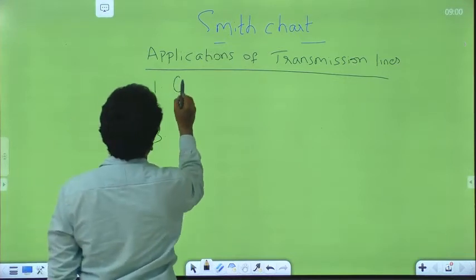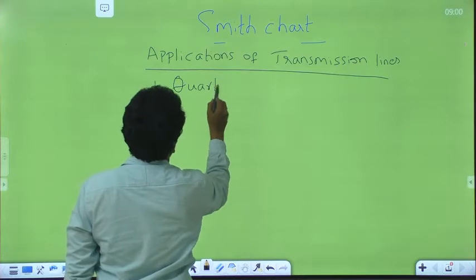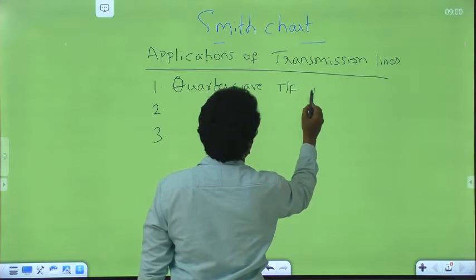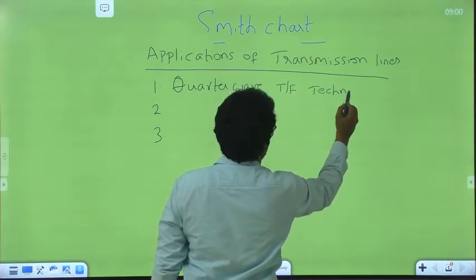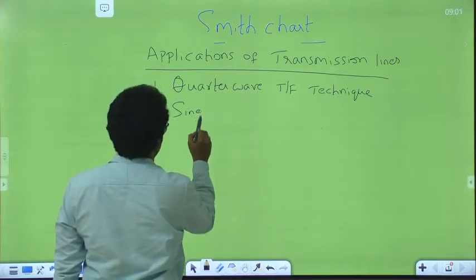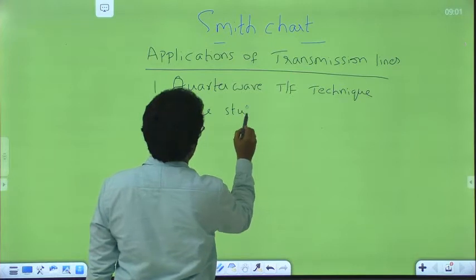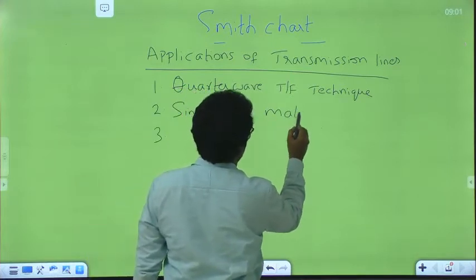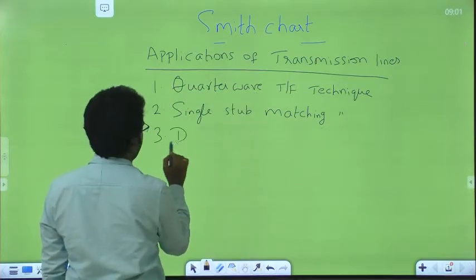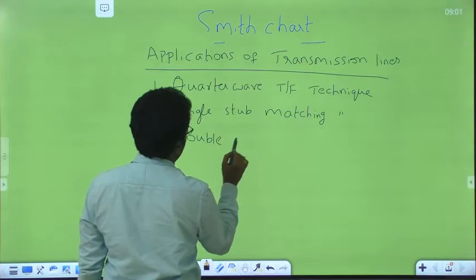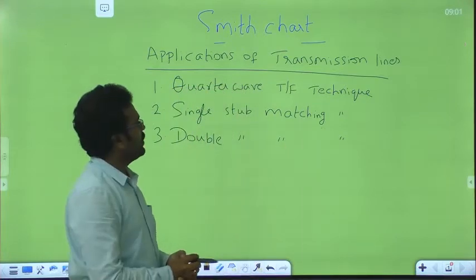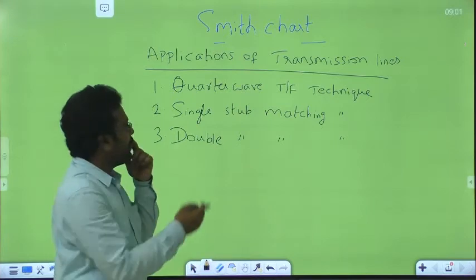One is the quarter wave transformer technique. The second one is the single stub matching technique. And the third one is the double stub matching technique. All are applications of impedance matching.